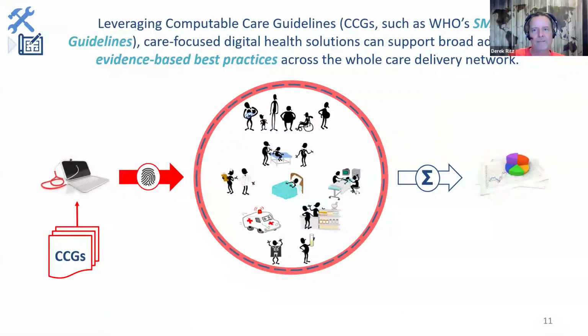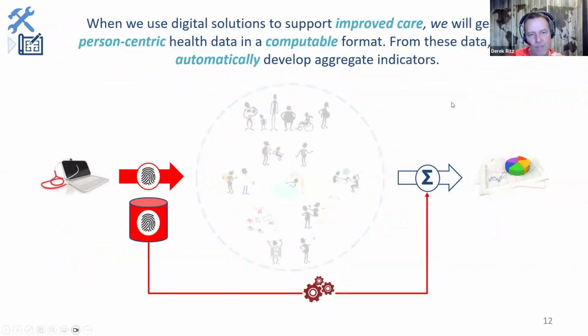I told them this is a smart thing to do because if we leverage things like computable care guidelines, which I talked about last week, we can actually improve the adoption of evidence-based best practices across the entirety of the care delivery network. And if we're collecting person-centric information, we can still get indicators. We can automatically generate indicators from this person-centric data.